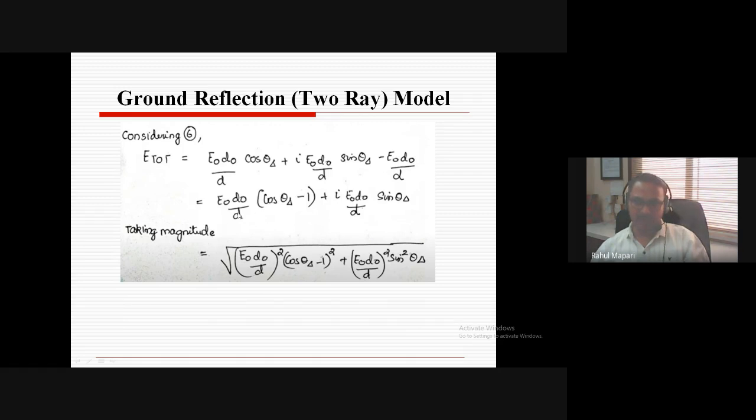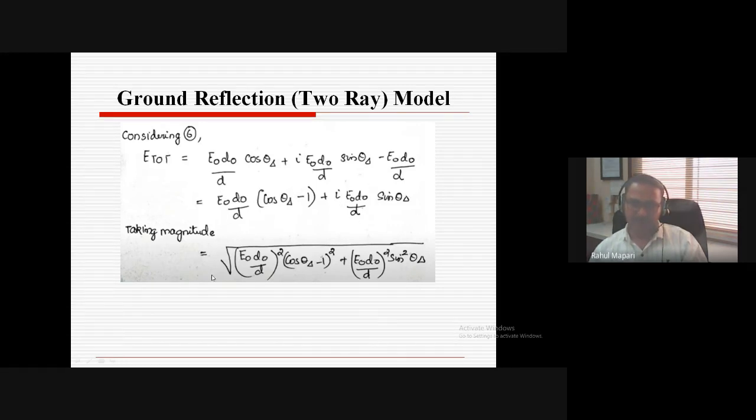Now it is in terms of cos of theta plus j sine theta. If we take the magnitude of it, the magnitude is nothing but the root of real part square plus imaginary part square. All of you know it. The first part is the real part and the second part is the imaginary part.